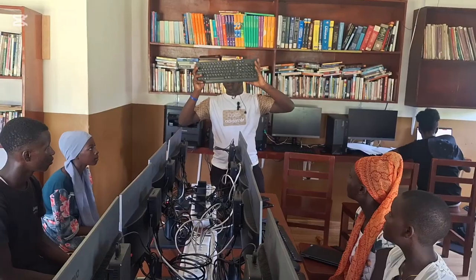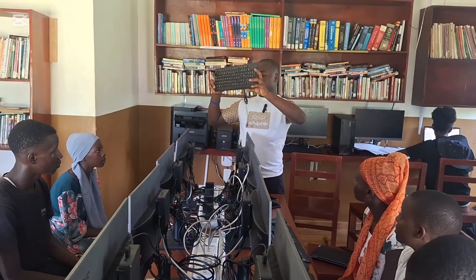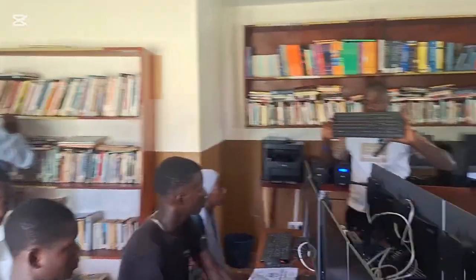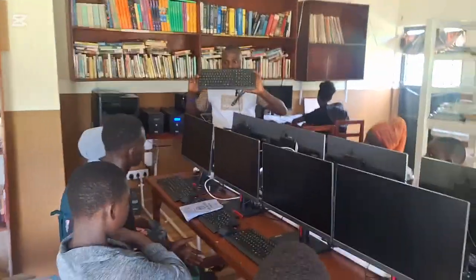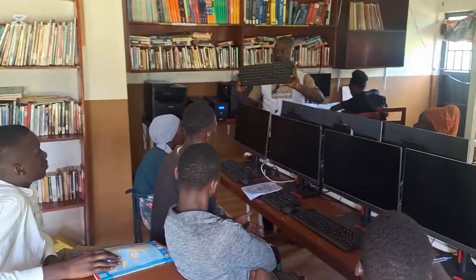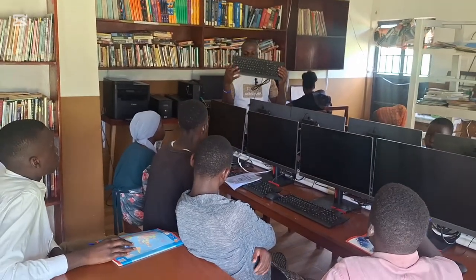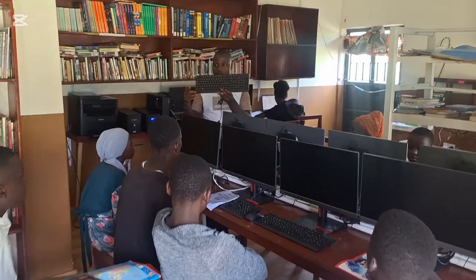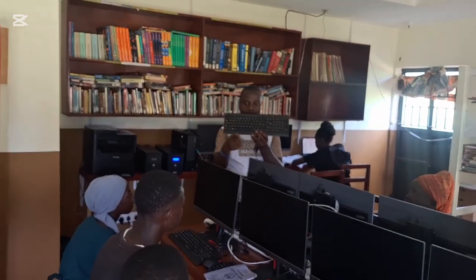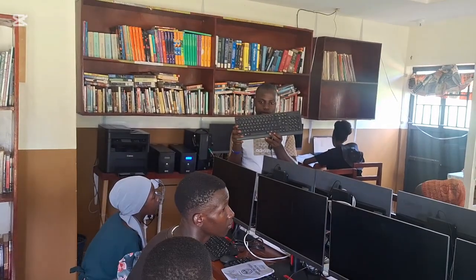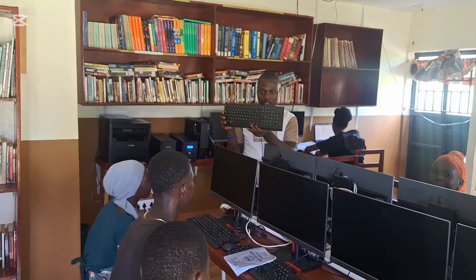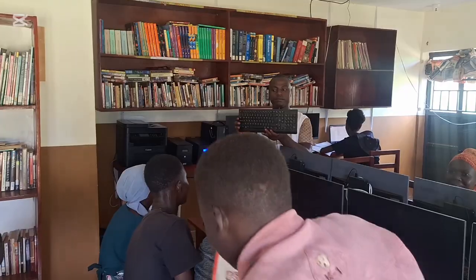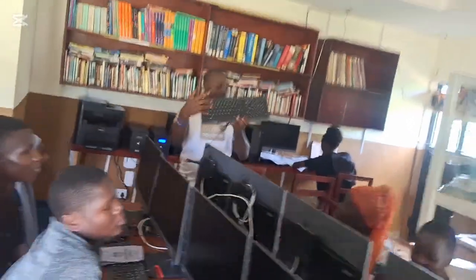keyboard. On this keyboard, we are seeing very many buttons here. I think you can read. Which button have you seen? Enter. Delete. Home. Read.